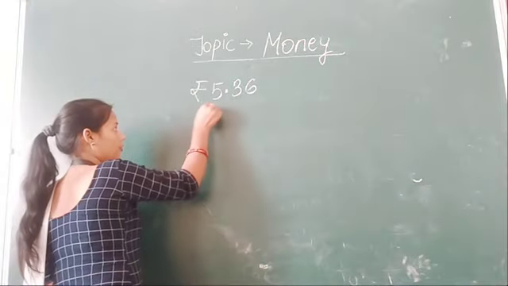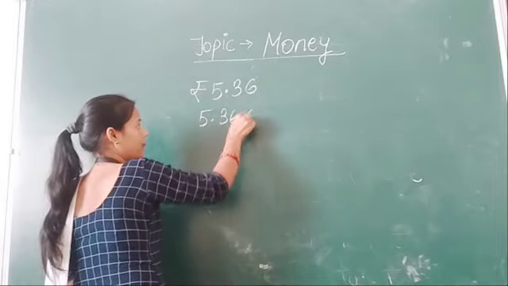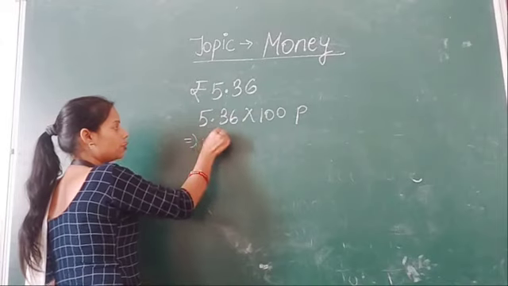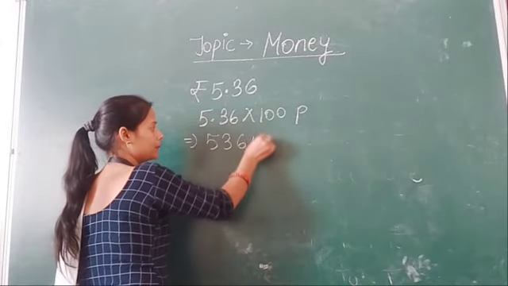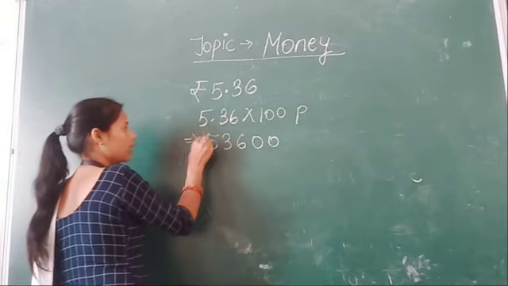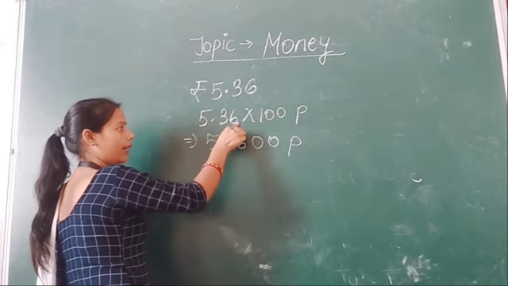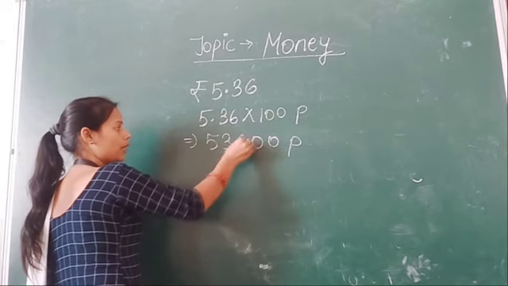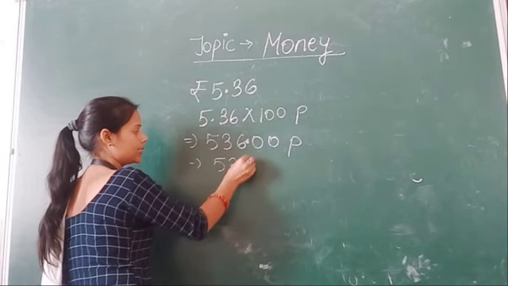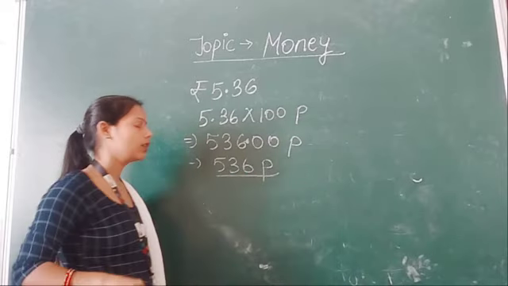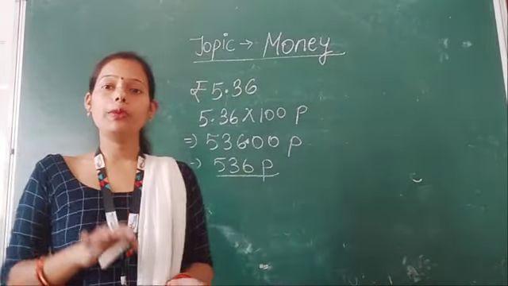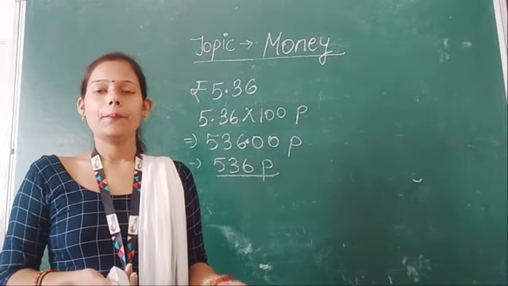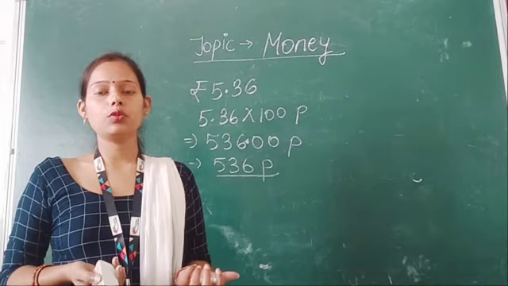So 5.36 is multiplied by 100 to get paise. When we multiply any number by 10, 100 or 1000, what will happen? The decimal point is shifted to the right. So after 2 digits, 1, 2, our answer is 536 paise. So when we convert rupees into paise, we multiply the given rupees by 100.